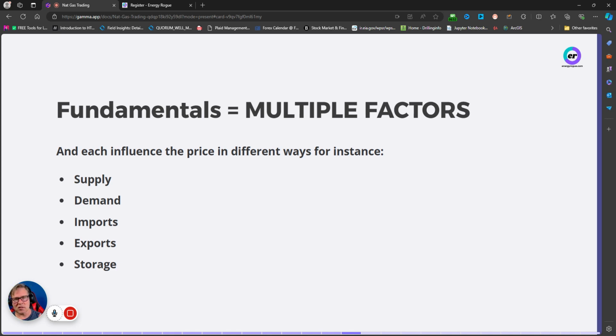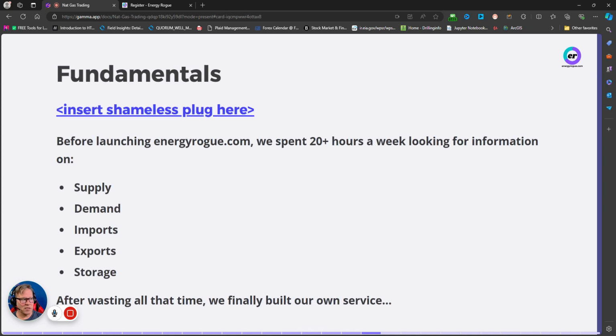Exports. What are we exporting via LNG? What are we exporting to Mexico? And it's a lot. So we're going to dive into that a little bit later. Storage. Where are we relative to last year, the last 5 years, multiple years? So all of this is critical so that you can make a decision and figure out what your direction is.